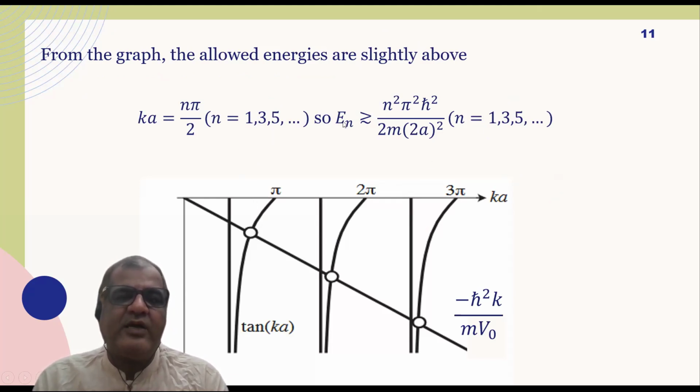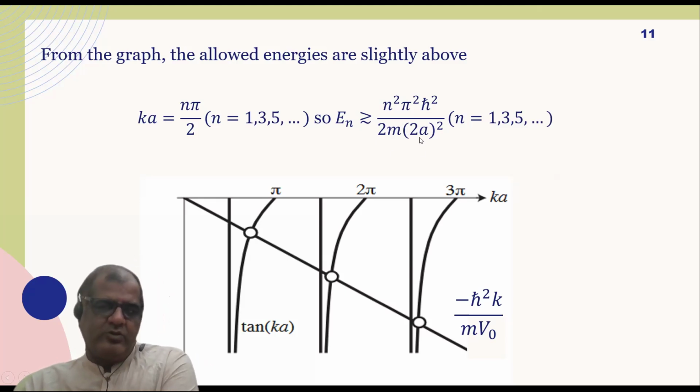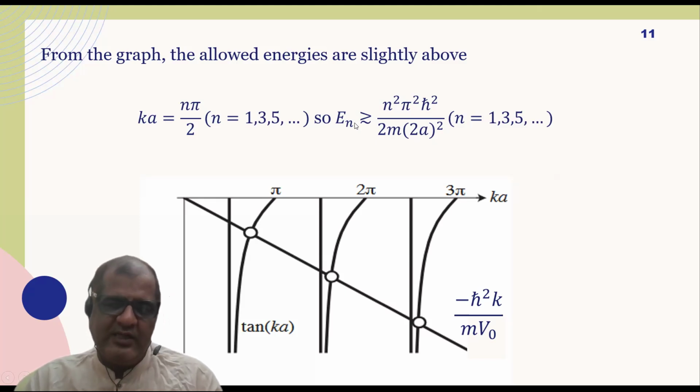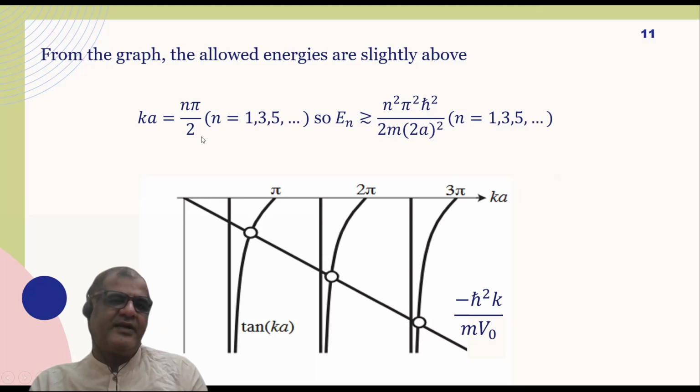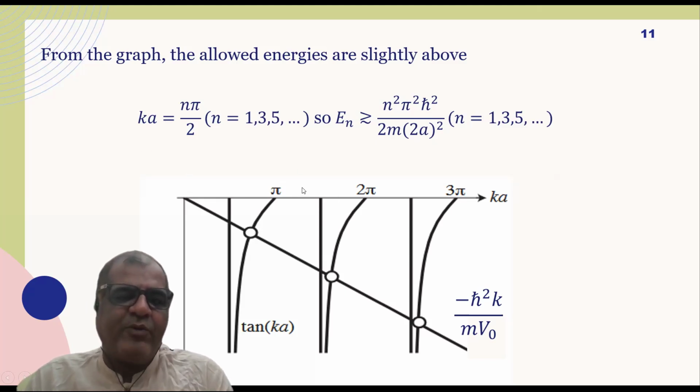That means the energies are now greater than those of the infinite potential well of length 2a. If I take an infinite potential, the energy levels will be n²π²ħ²/2m times the length factor, where the length is here 2a. So the energy levels in this case will be greater than the infinite potential box.